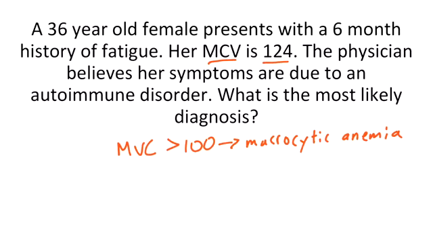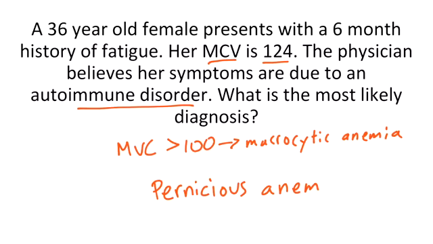There are several potential causes of a macrocytic anemia, but the question stem also states that the physician believes her symptoms are due to an autoimmune disorder. An MCV of 124 that is due to an autoimmune disorder should make you think of pernicious anemia. Pernicious anemia occurs when antibodies attack the parietal cells.